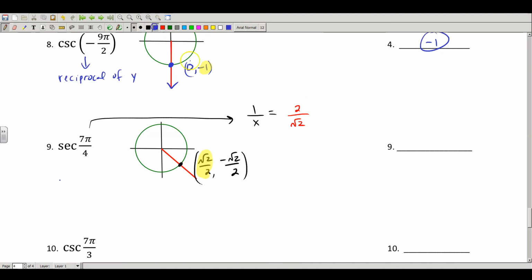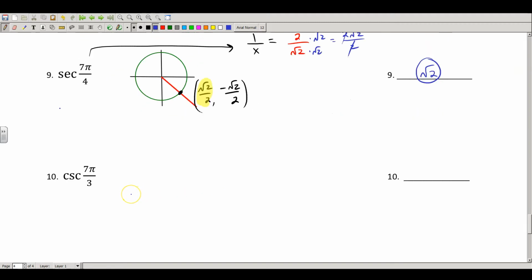And I'm going to clean that up by multiplying by the square root of 2 on top and bottom to get 2√2/2. And then, yes, these 2's do cancel. The integer 2 divided by that integer 2 cancels to 1, and we're left with just the square root of 2 as an exact answer.